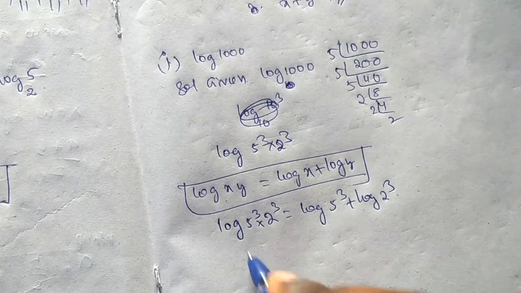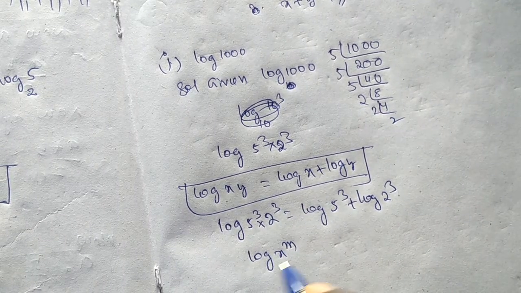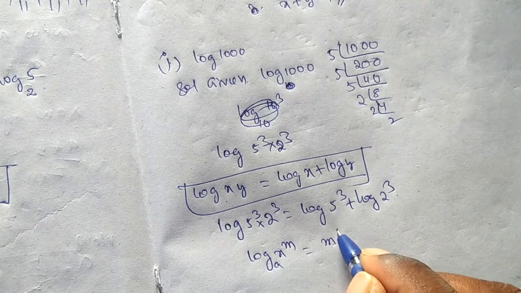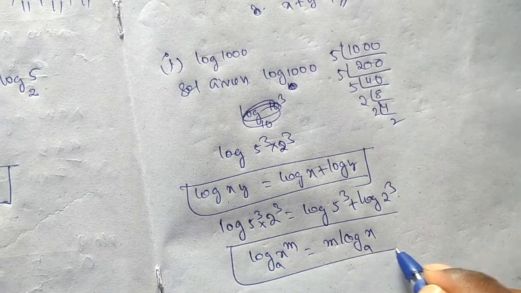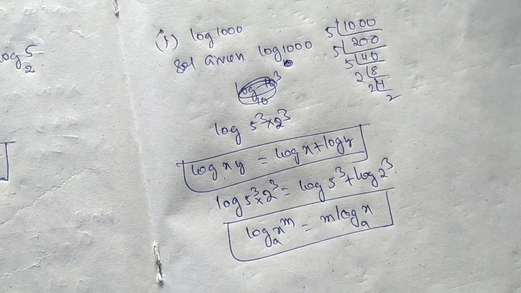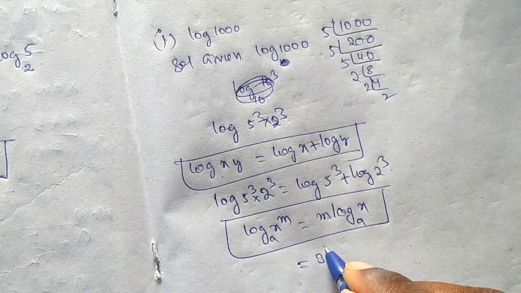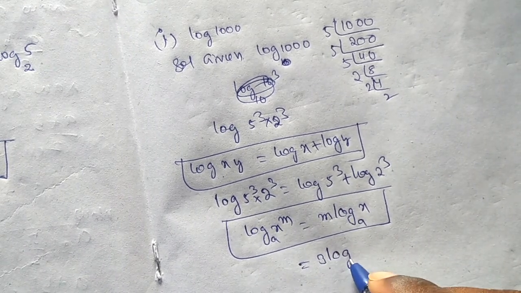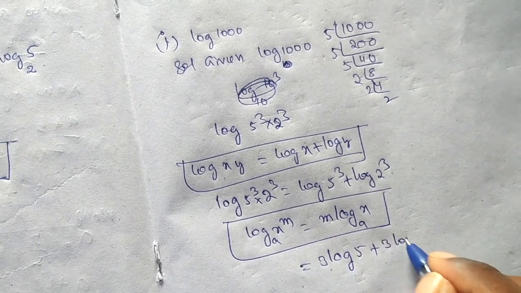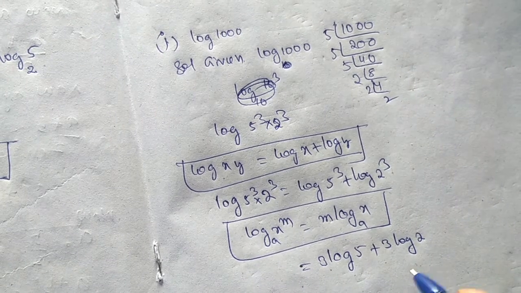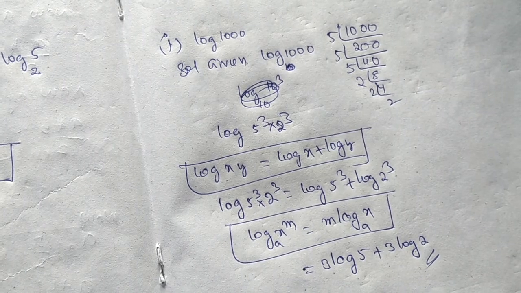Now I am going to use one more logarithm formula: log x to the power of m base a is equal to m log x base a. I apply this formula here. So what do we get? We get 3 log 5 plus 3 log 2. So this is the expansion form of log 1000.